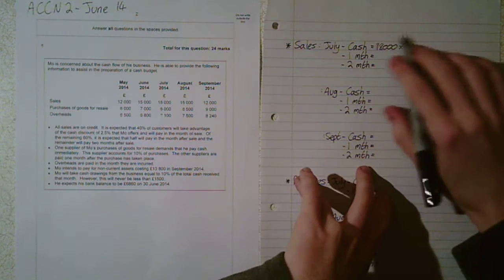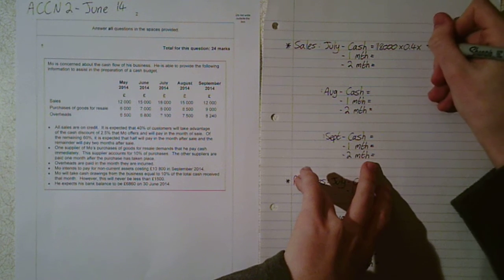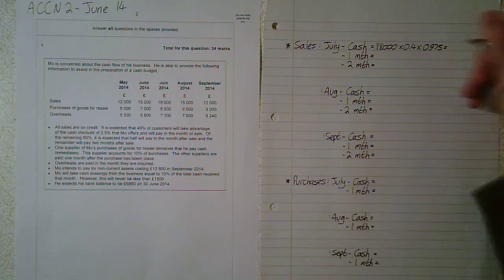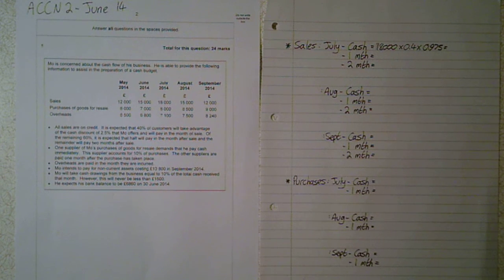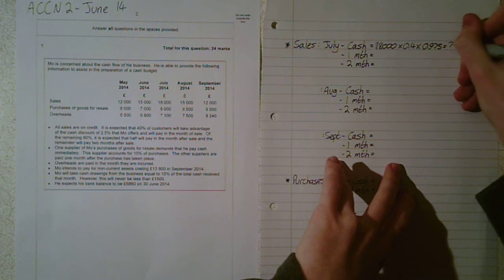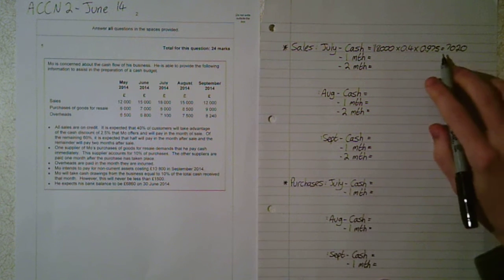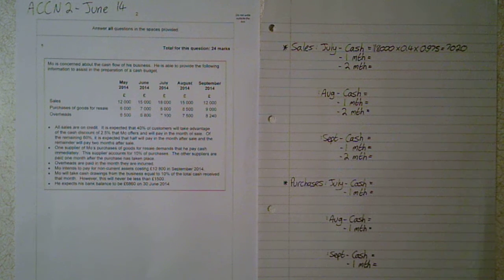So we're not getting this full amount, are we? We're getting 0.975. So that's just 100% minus 2.5%. That's all that is. So 7,020. So that's after the discount. We don't need to worry about it anymore.